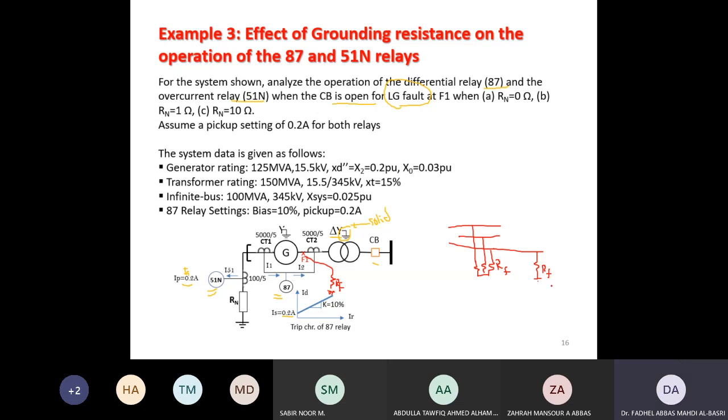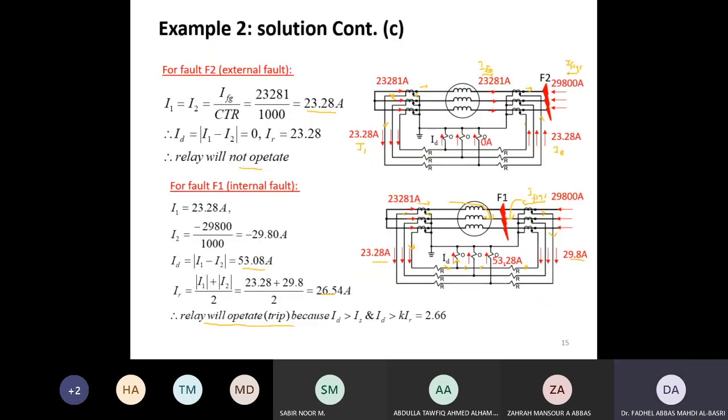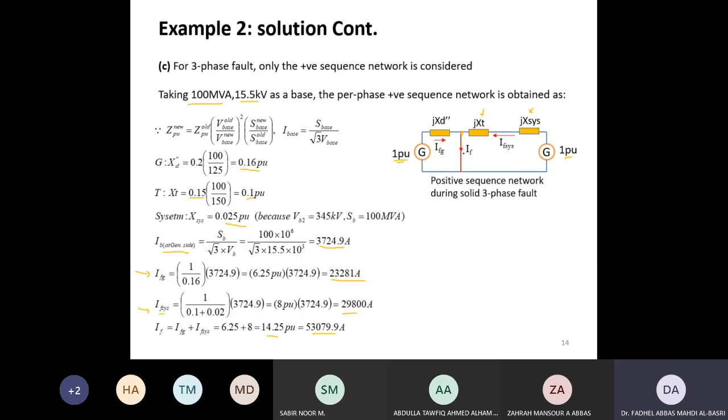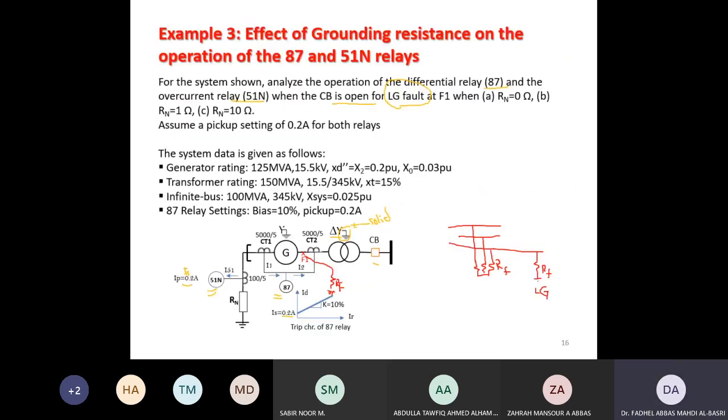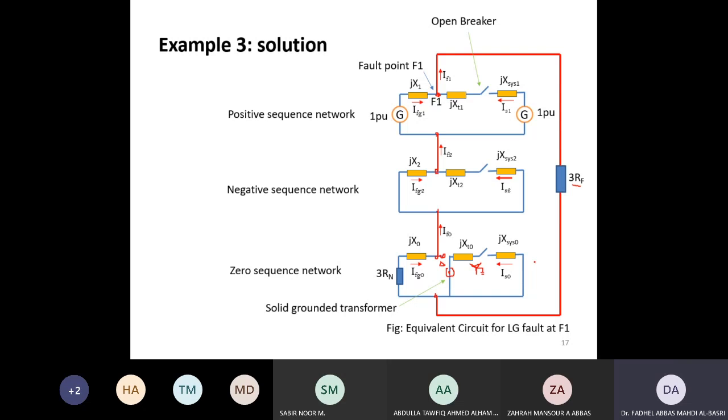Now I'm talking about line to ground faults with fault resistance. If I have fault resistance, I'll put it here as RF, which represents the resistance of each fault. This is a 3-phase fault, and this is a line to ground fault through a resistance, so I'll put 3 times RF here as well. So that's the equivalent circuit.